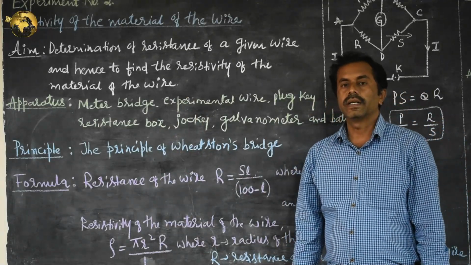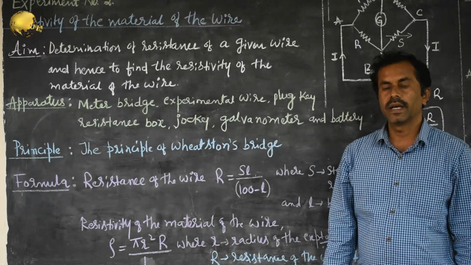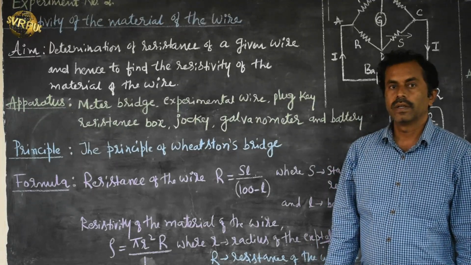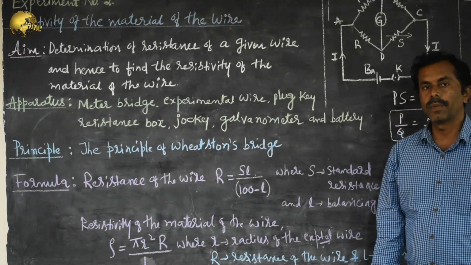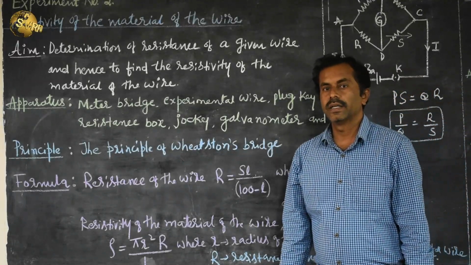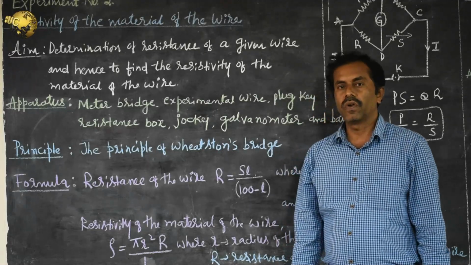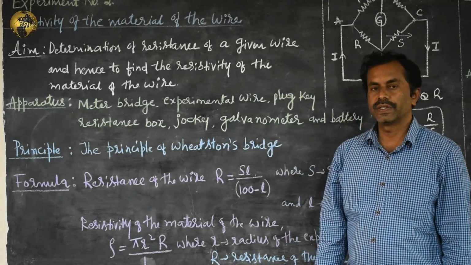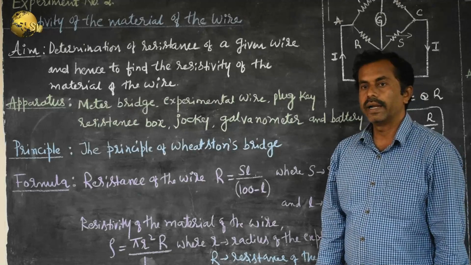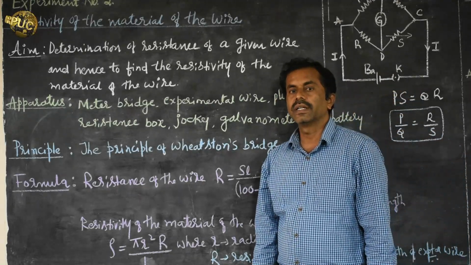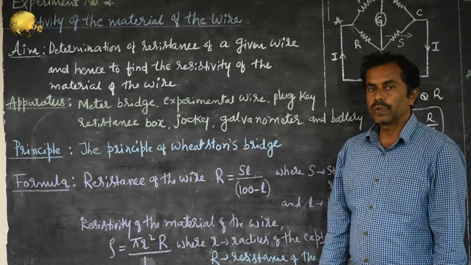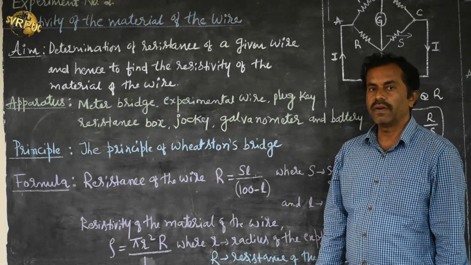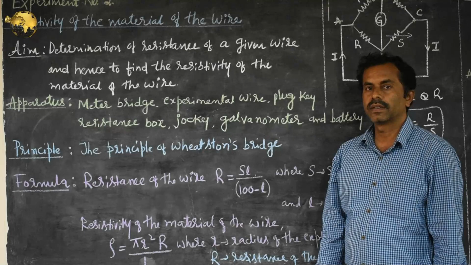Let me define the terms resistance and resistivity. What is resistance? Resistance is an opposition offered by the conductor to the flow of electric charges. And hence resistivity is defined as resistance per unit length of unit area of cross section.